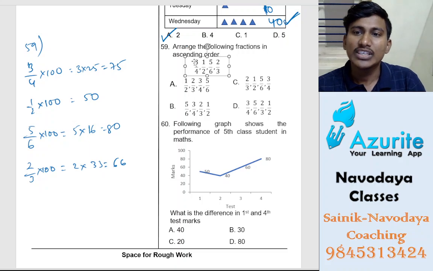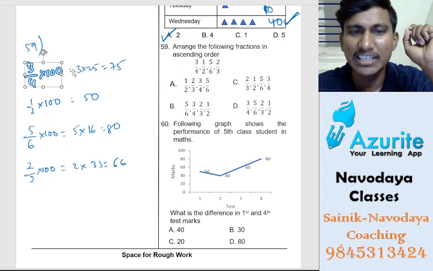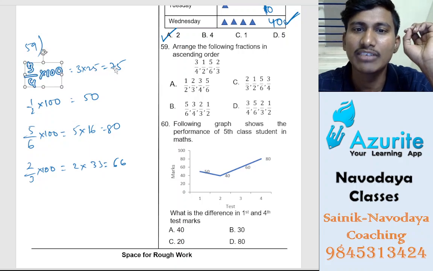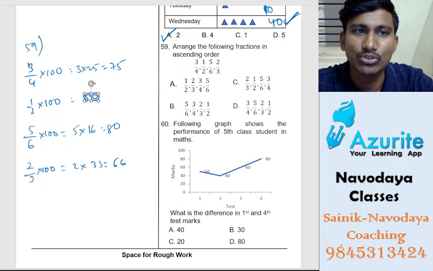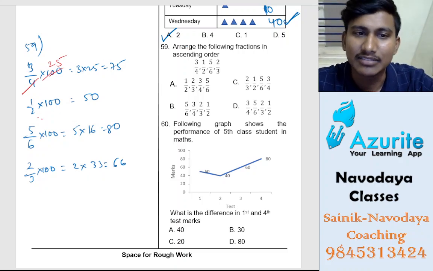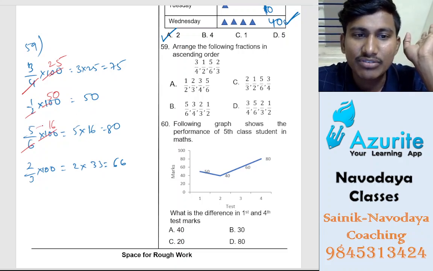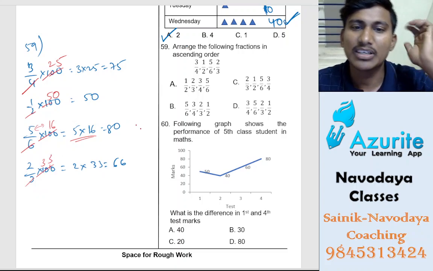We already know how to find the answer: if you multiply with 100, it is easy. 3 by 4 multiplied with 100 becomes 75. 1 by 2 multiplied with 100 becomes 50. 5 by 6 becomes nearly 83, and 2 by 3 becomes nearly 66.